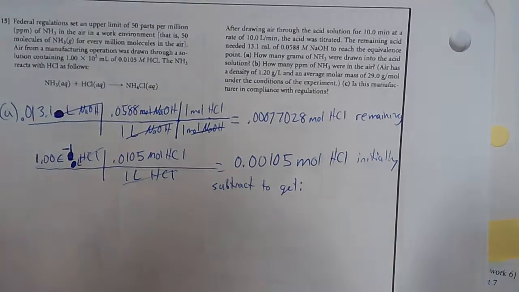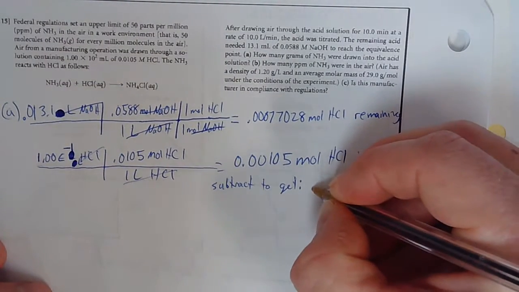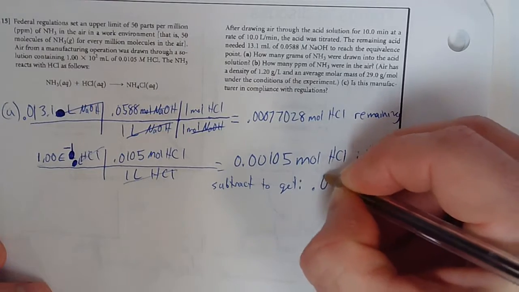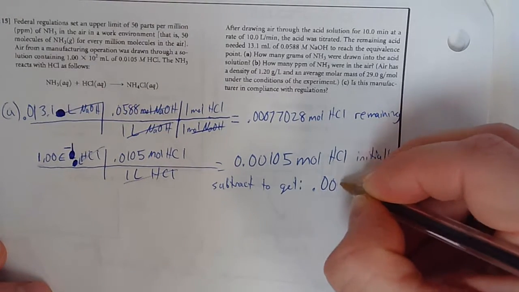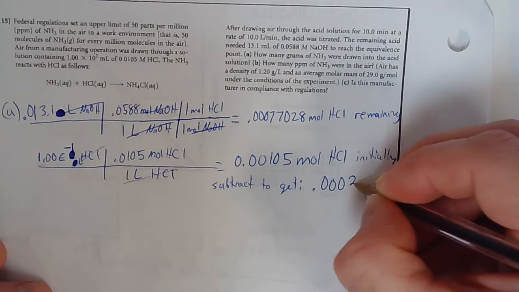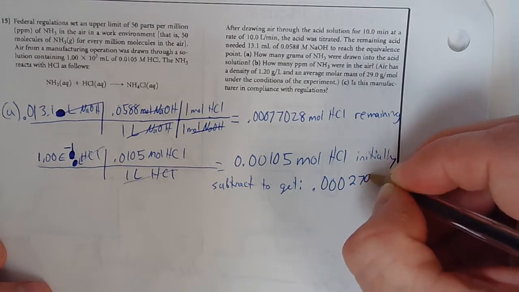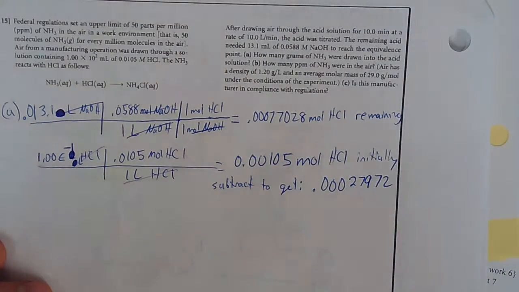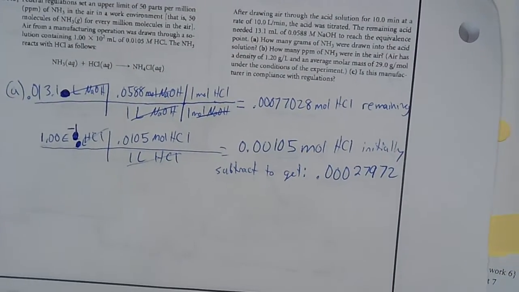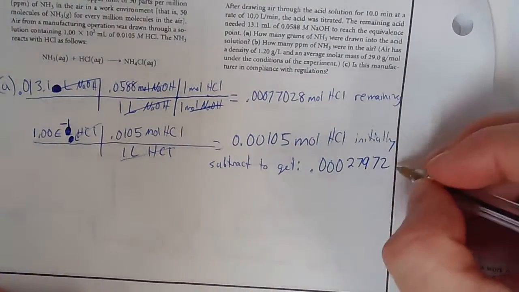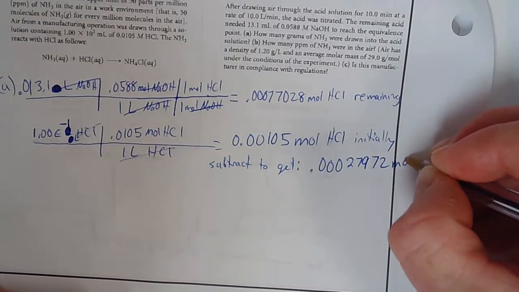And when I subtracted them, I got 0.000279772. You might confirm that. Okay, and that's going to be moles of HCl.